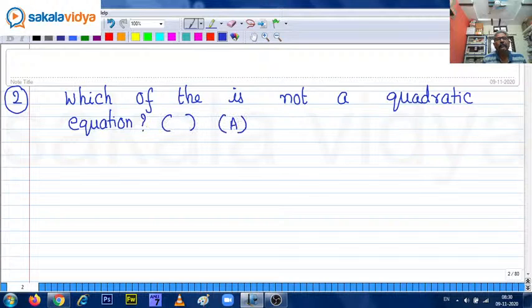Option A, x minus 2 whole square plus 1 equals 2x minus 3.